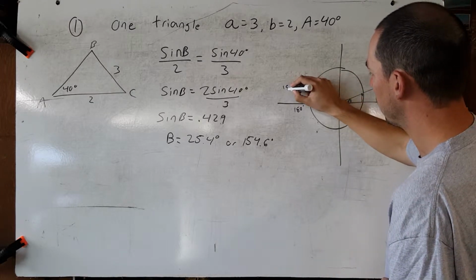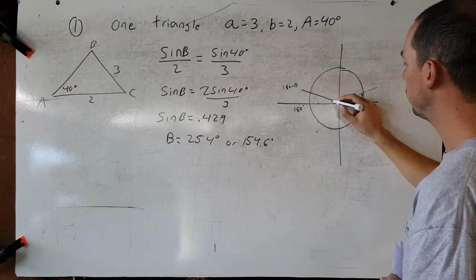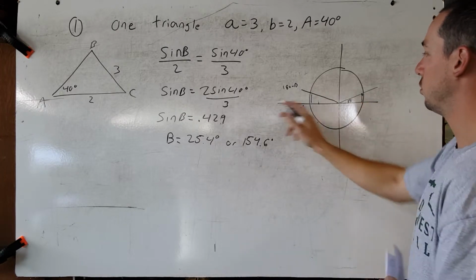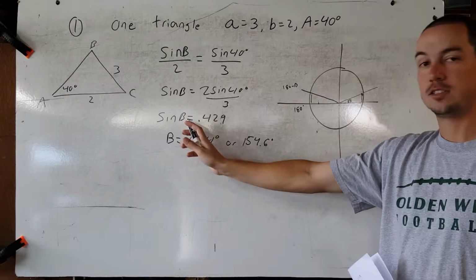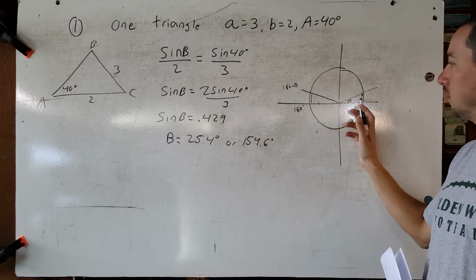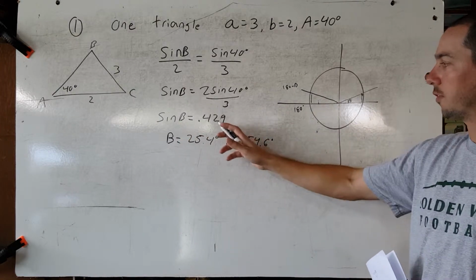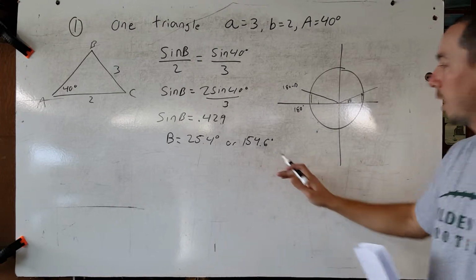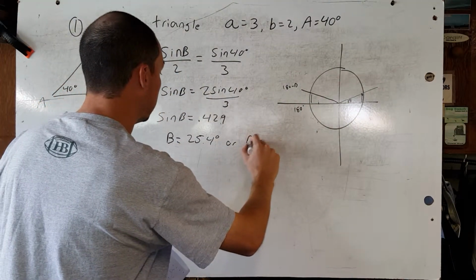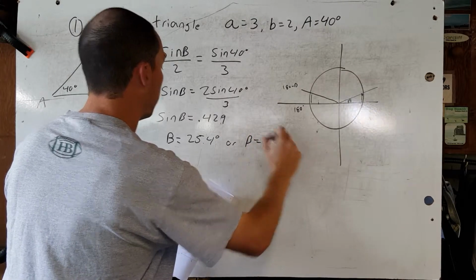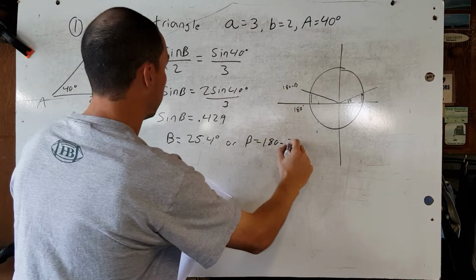This is 180 minus B, and we also get 0.429. Okay, so this equation has two answers. The sine of this angle and the sine of this angle both give us positive 0.429. So I got 154.6 here by doing B is equal to 180 minus 25.4.